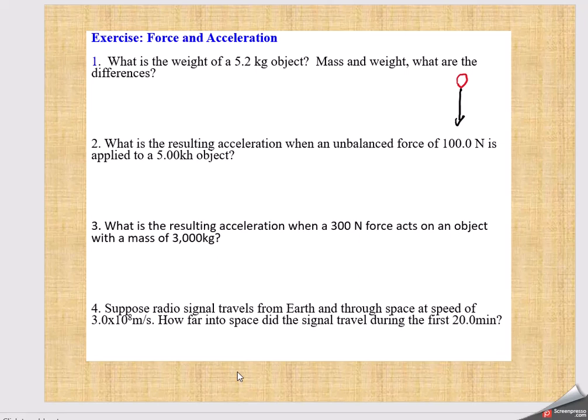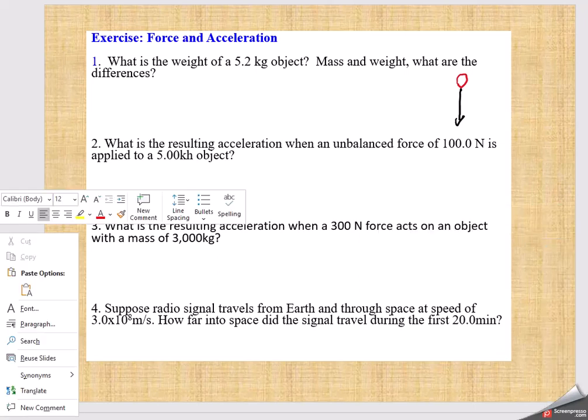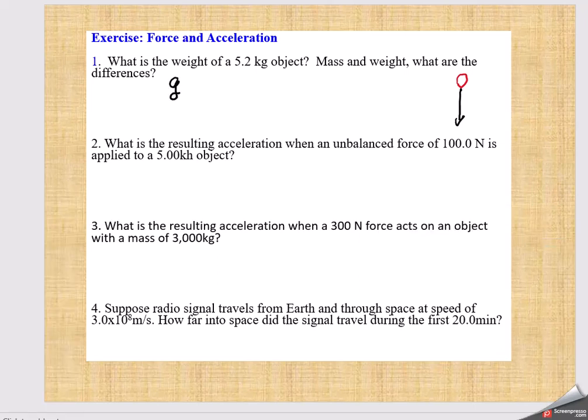Weight is the gravity force on an object. It is proportional to the mass. So in fact, if you think about an object's acceleration as g, that is caused by the gravitational force divided by the mass. So the gravitational force is the mass times g, the acceleration.